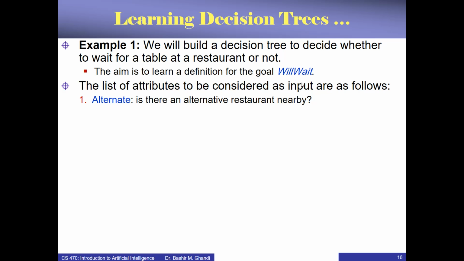The first attribute is alternate, meaning is there an alternative restaurant nearby? So maybe based on that question, you can decide whether to wait or not. The second one is bar. Meaning, is there a comfortable waiting area in the restaurant where you can wait for a table to be free?